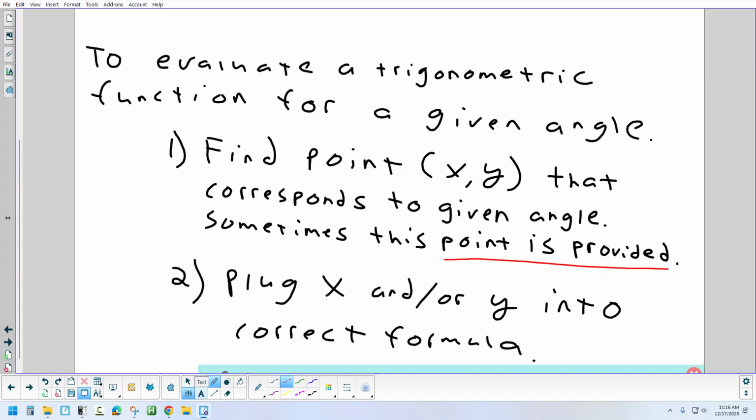Now, a couple things are going to happen, especially with tangent, cotangent, secant, and cosecant. We're going to be flipping lots of fractions. If you ever flip a fraction and you end up with a square root at the bottom, we need to fix it. We can't leave square roots in the bottom. The other thing we don't want to do is leave a fraction over a fraction. We need to fix that as well.